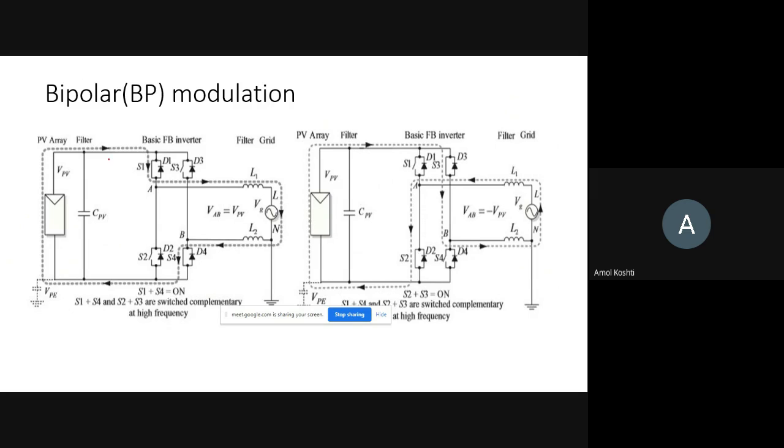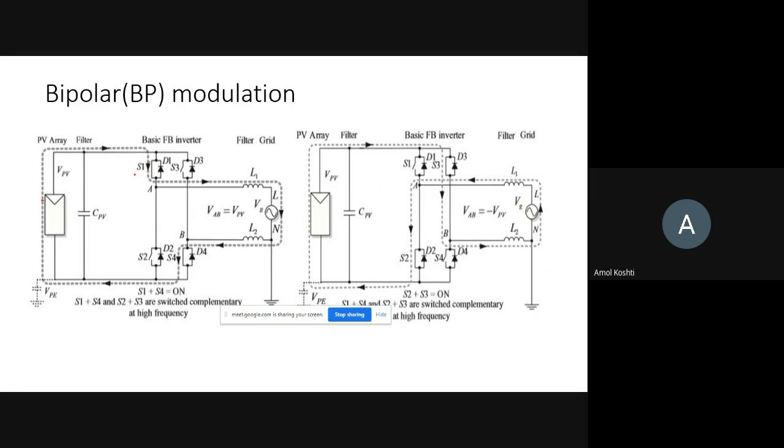In bipolar modulation, there are two types of operation. The PV system is there, and we are producing DC, filtering out this component or regulating it.